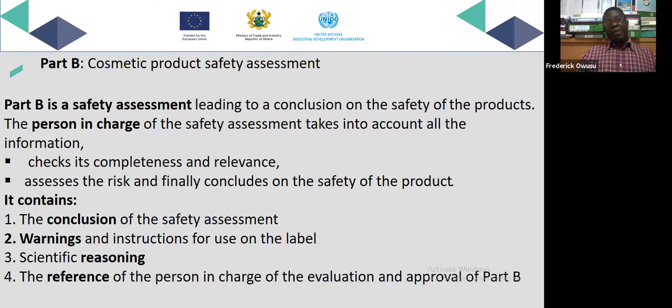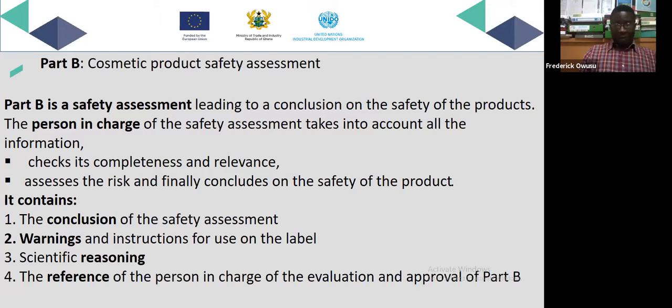I'm saying here that the person in charge of the safety assessment should be knowledgeable, should be on top of your cosmetic product, and you should take into account all the information regarding the checks, whether it is complete, whether it is relevant.